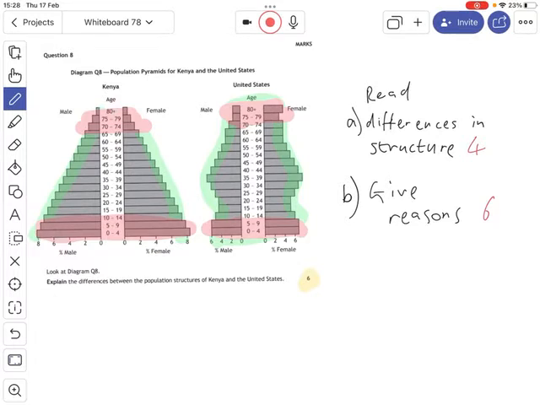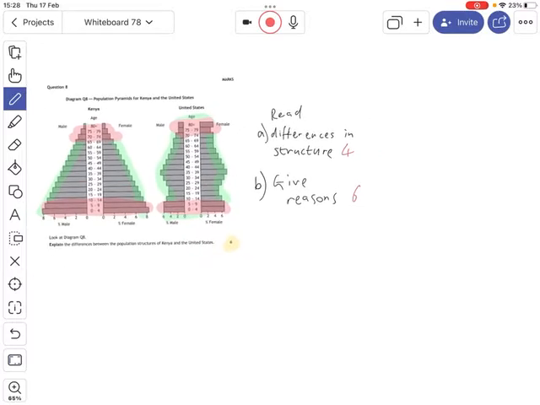Now, given the differences for 4 marks, first of all I want to give any 4 things that I can make using statistics. So I basically go, okay, Kenya, we have a higher birth rate than the USA.